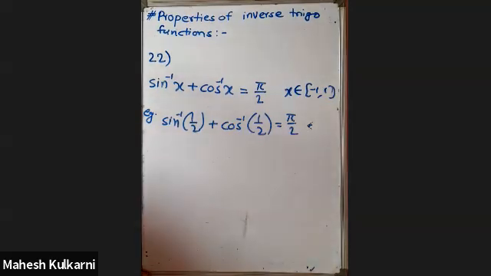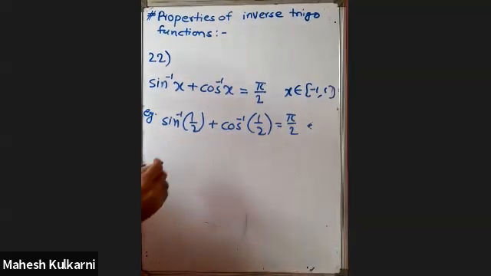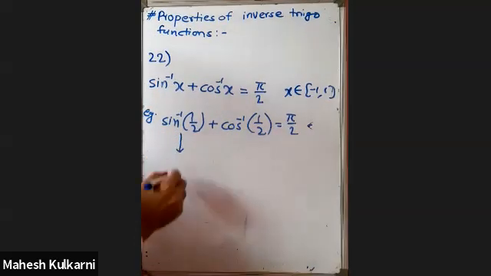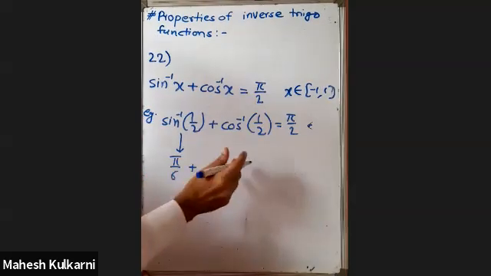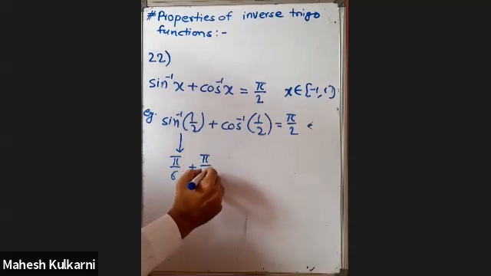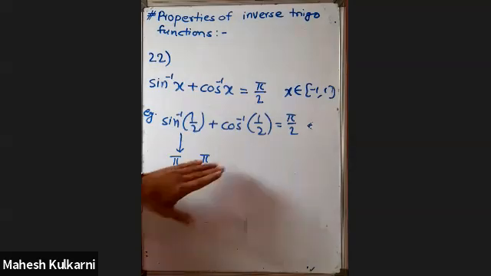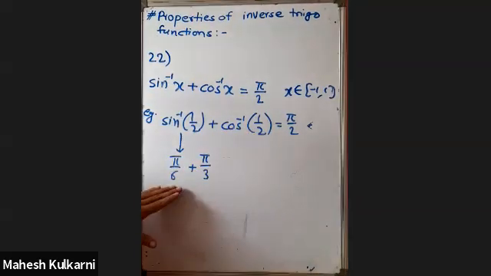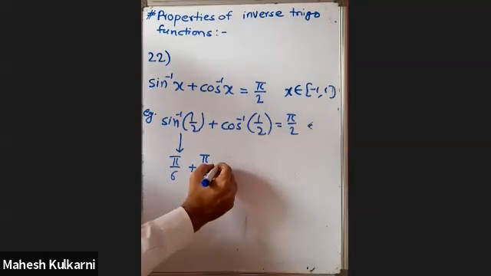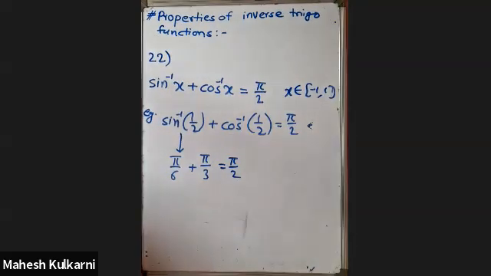And it is clear because these two angles become complementary angles. As you know, sin inverse of half is pi by 6 and cos inverse of half is pi by 3. Sin 30 is 1 by 2, cos 60 is 1 by 2. And these two angles are complementary angles. So the sum is pi by 2.